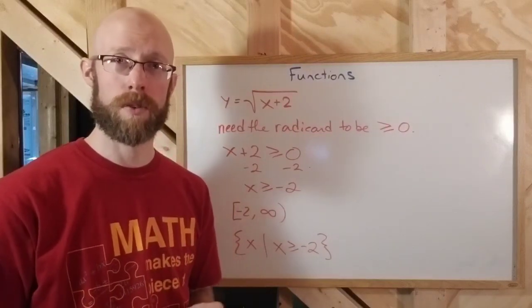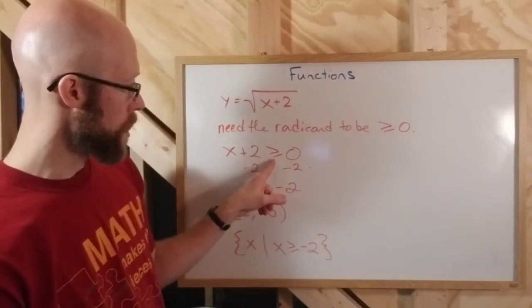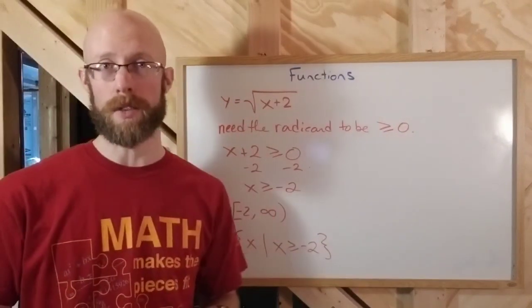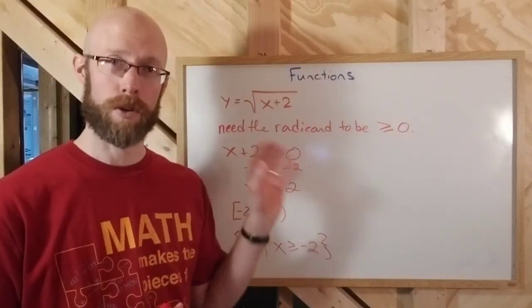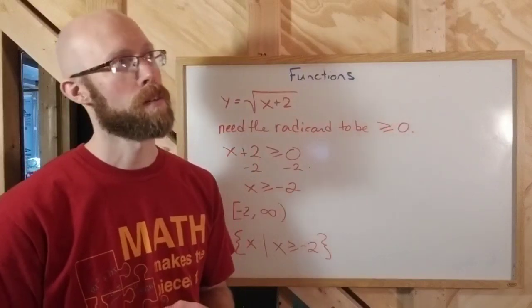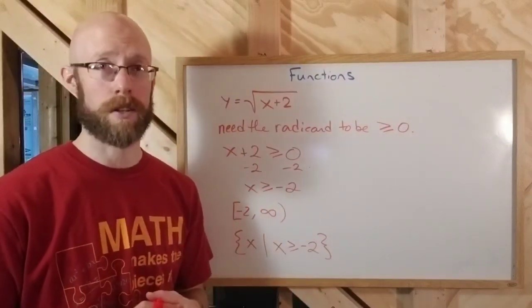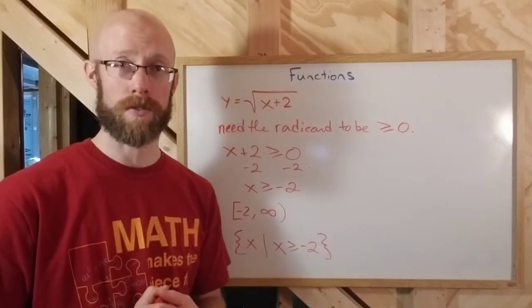All right. As we move throughout the course, you're going to find other types of restrictions on functions. Logarithmic functions will also have a restriction similar to this, except they can't be 0 either. They can't be negative or 0, the inputs. And so logarithmic functions are going to be similar to this. Some of our trig functions are going to be very different, but there are going to be restrictions to what we can do with trig functions.